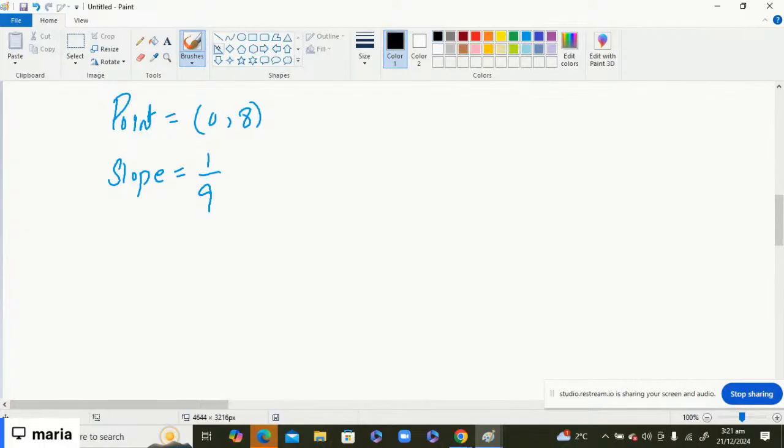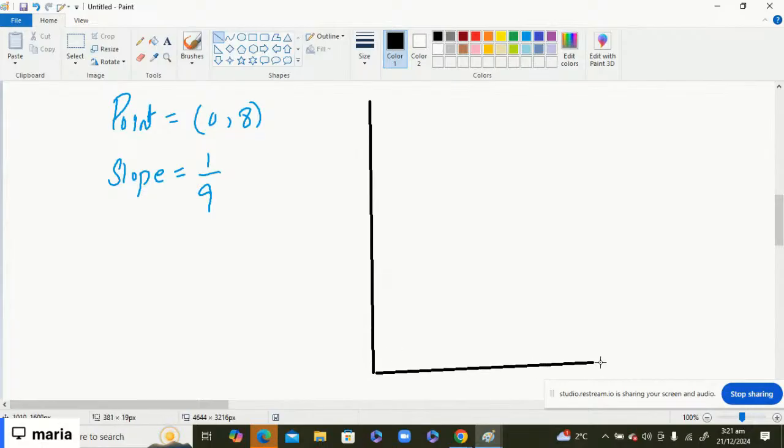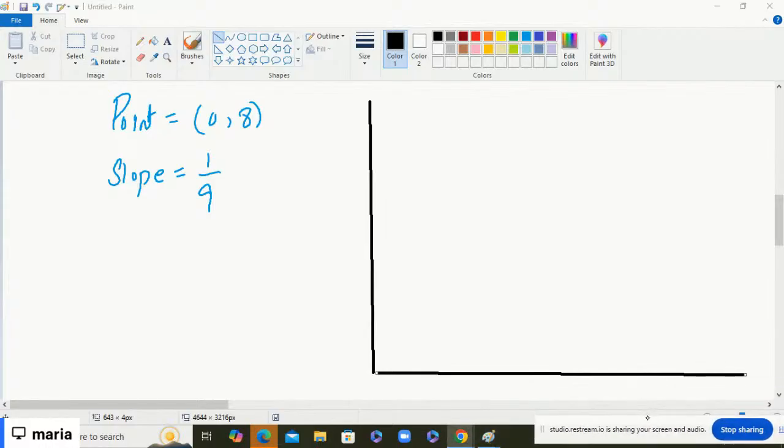Now let's draw here. So here we're going to draw the y-axis, then the x-axis. Let's put 0, 1, 2, 3, 4, 5, 6, 7, 8, 9, 10.